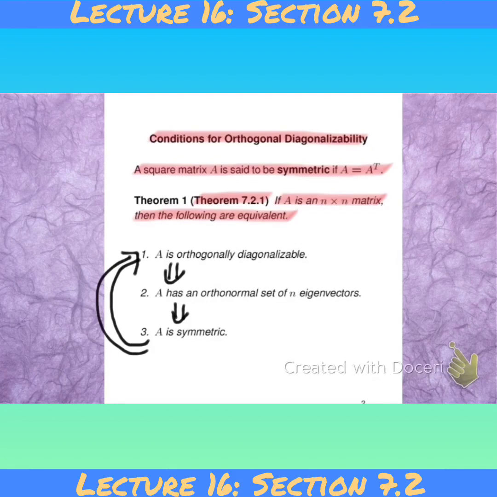So again, if A is orthogonally diagonalizable, then we can relatively easily see that A must have an orthonormal set of n eigenvectors.